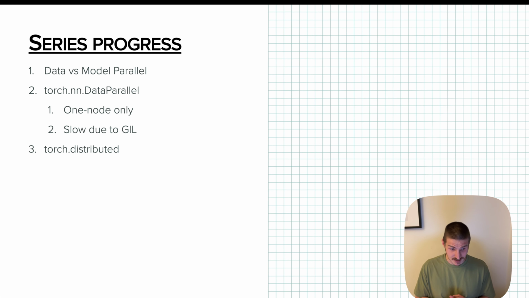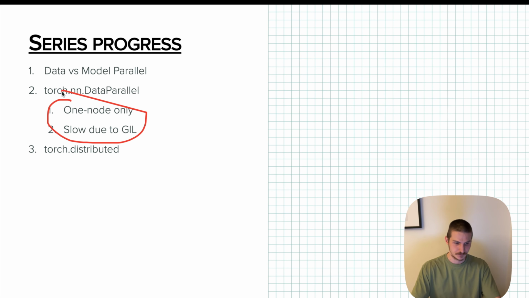So today we'll discuss torch distributed, which is basically a cross-process communication package. And we'll see how it basically solves both of these problems. It will allow you to be faster because you have multiple processes that do not require locks between them, and you can scale your training up to multiple nodes as well.